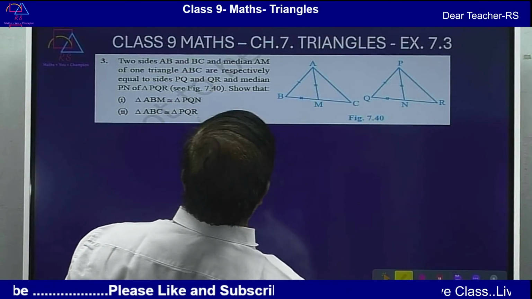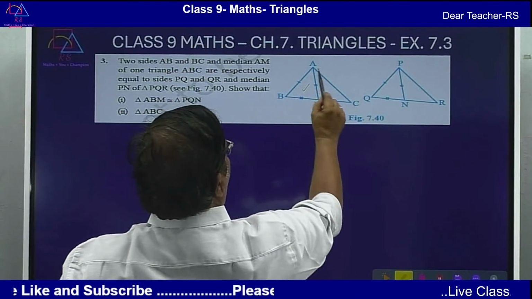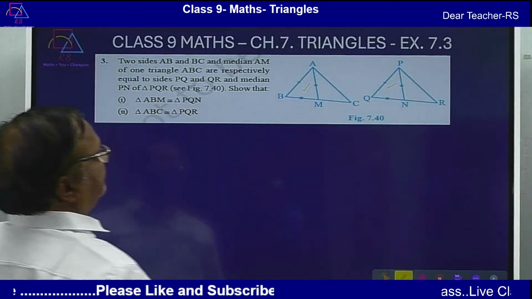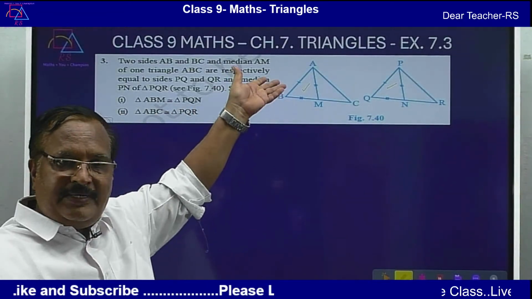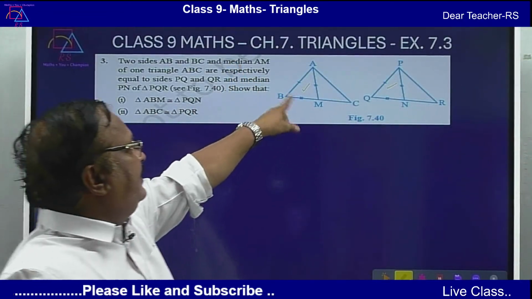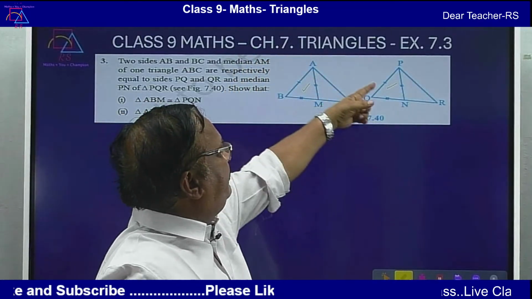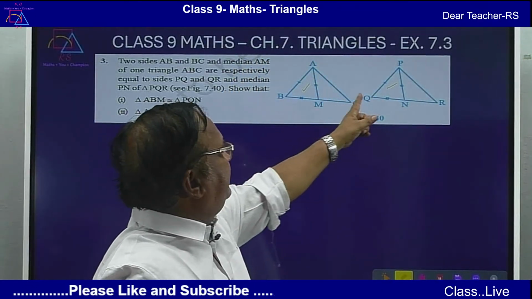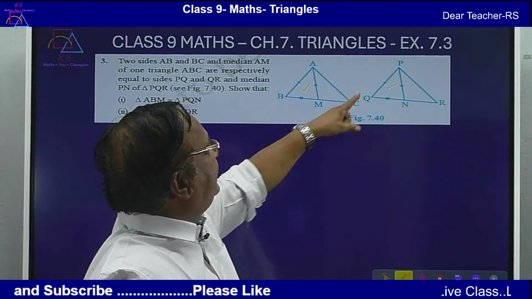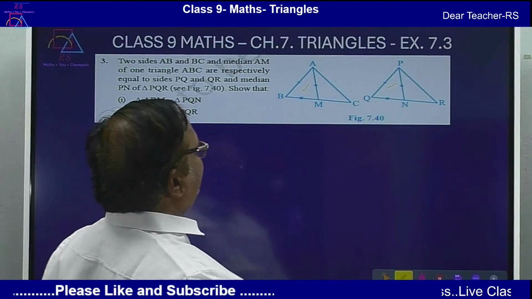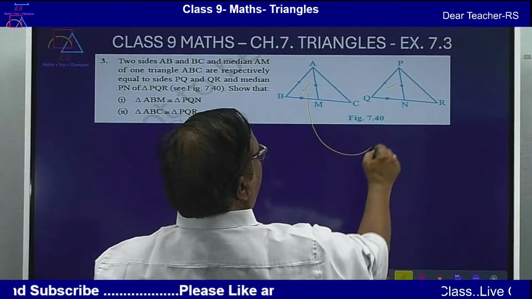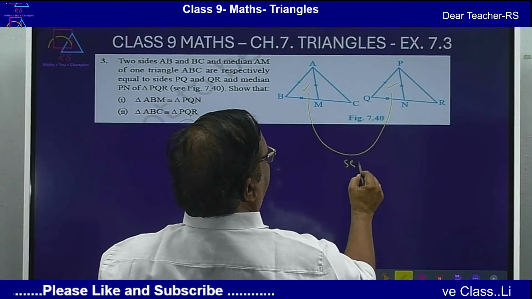So these two triangles you have to take. Now in the diagram itself you can see AB is equal to PQ, BM is equal to QN and AM is equal to PN. So these two triangles, by which property are they congruent? SSS.